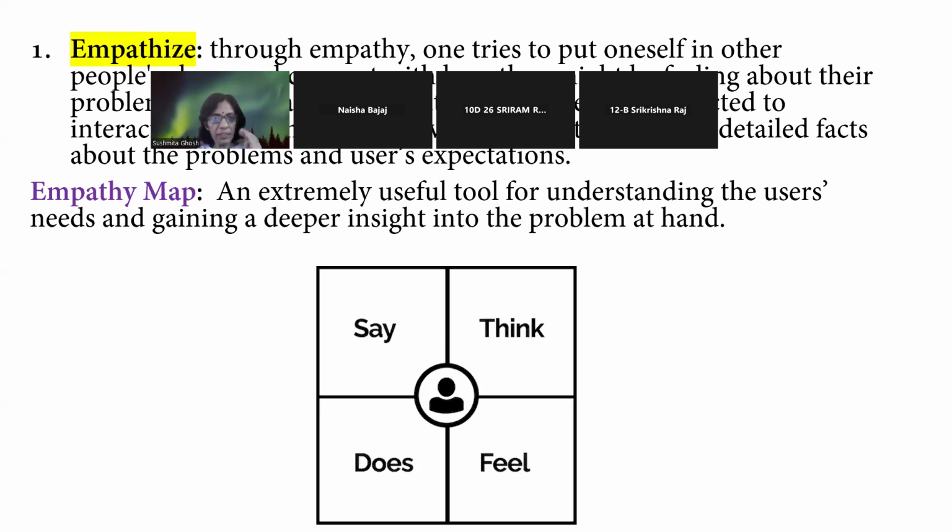Right? But you being the critical judge there, you are trying to solve his problem. So you get into his shoes and try to analyze the system, his situation better. And the situation is defined in terms of what he's saying, what he's thinking, what he's doing, and what he's feeling. My user. Okay?